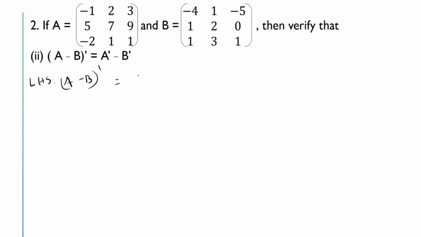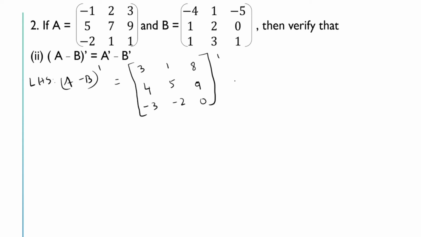So let us subtract B from A. So minus 1 minus of minus 4 is plus 4, so it is 3. 2 minus 1 is 1. 3 minus of minus 5 plus 5 is 8. 5 minus 1 is 4. 7 minus 2 is 5. 9 minus 0 is 9. Minus 2 minus 1 is minus 3. 1 minus 3 is minus 2. 1 minus 1 is 0.